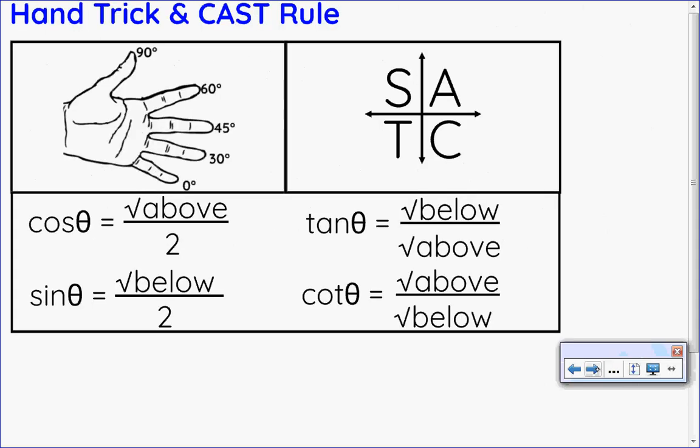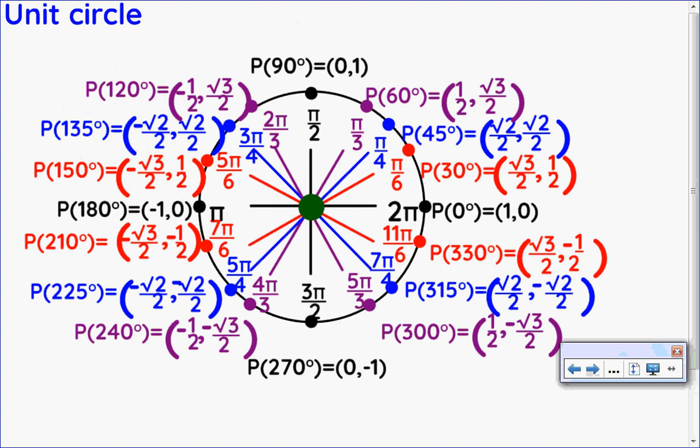Whether you do that using the hand trick and the CAST rule, placing your quadrant 1 angles in the correct quadrant, or using the unit circle, either way you now have 6 ratios multiplied by 16 different angles. You have 96 exact trig ratios at your fingertips.